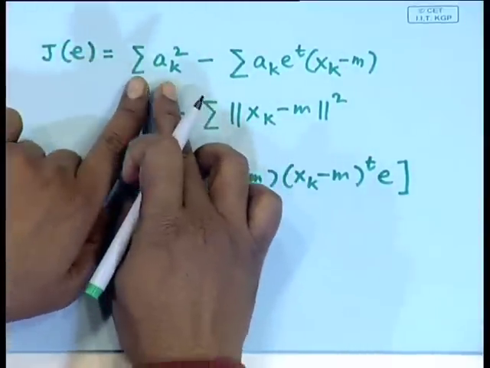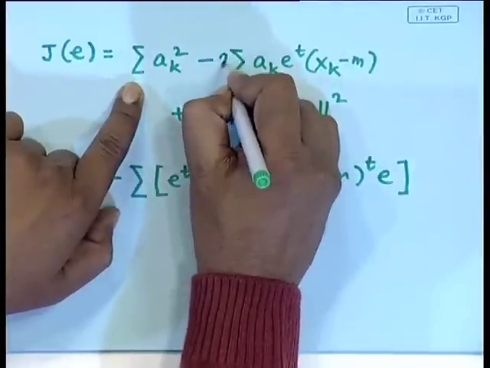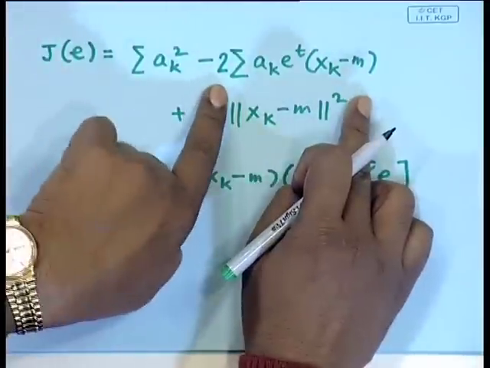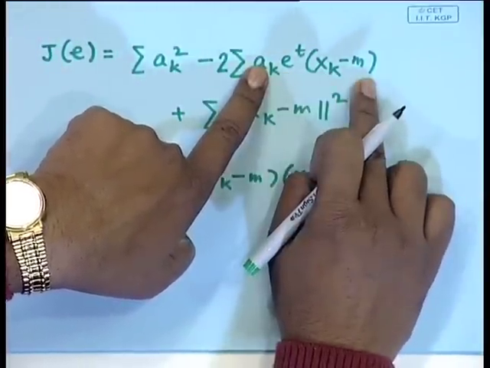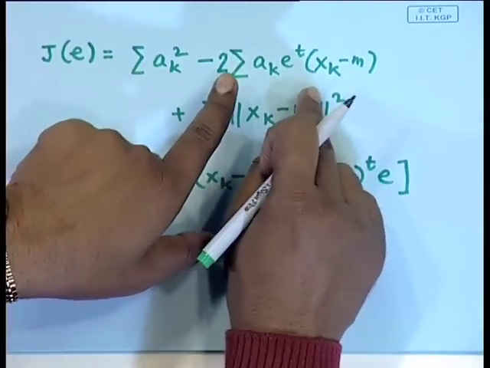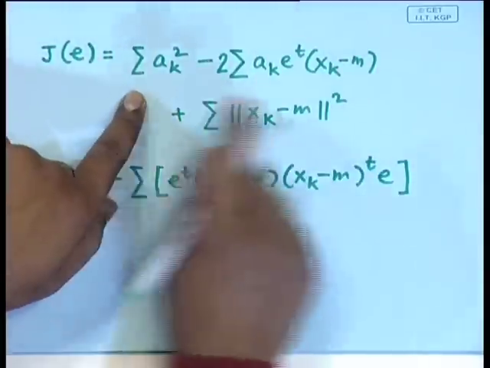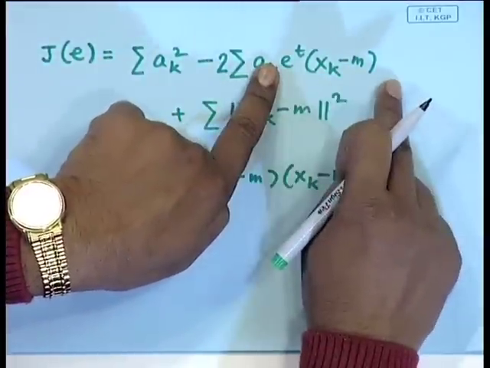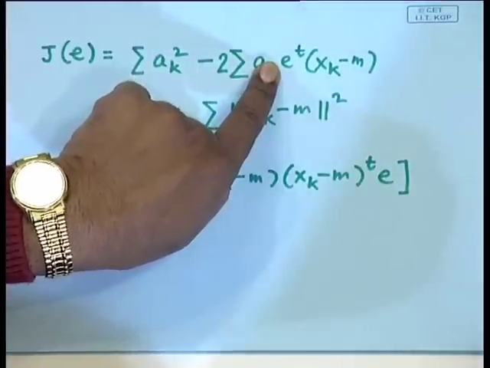See here, what I have is this is A k square, this is minus, there should be a 2 over here, minus 2 A k square, because E transpose x k minus m is nothing but A k. Okay. So, effectively I have minus A k square plus A k square minus 2 A k square. So, I have minus A k square, and A k is nothing but E transpose x k minus m. So, it is minus summation of E transpose x k minus m square.